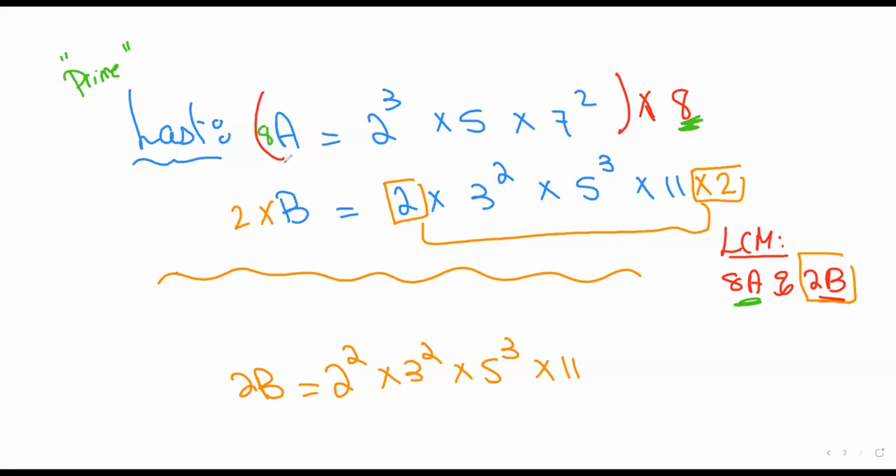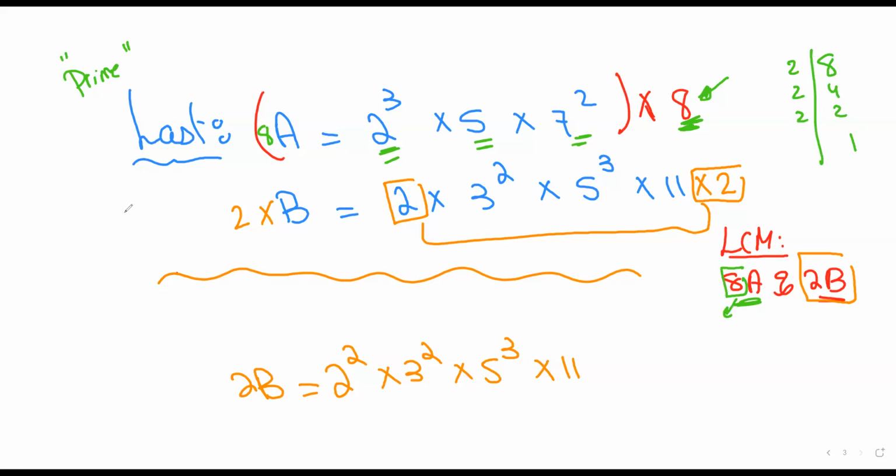I will multiply by 8, but here I don't have an 8. This 8, I will prime factorize it, so 8 divided by 2, divided by 2, divided by 2. So if you are given a number that is not prime, factorize it.